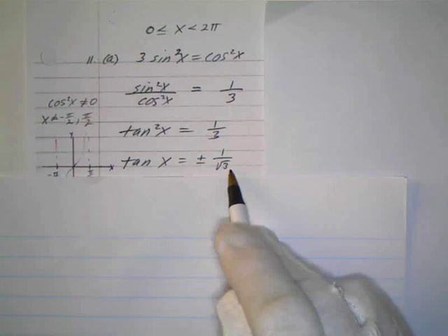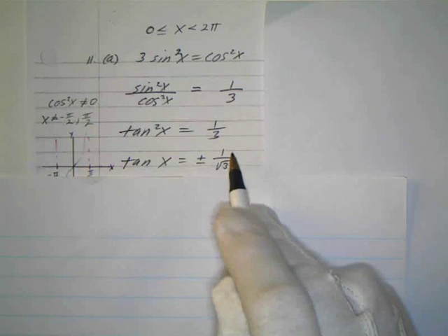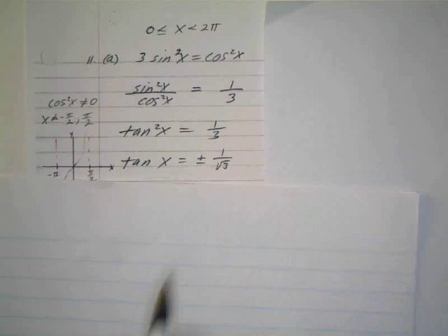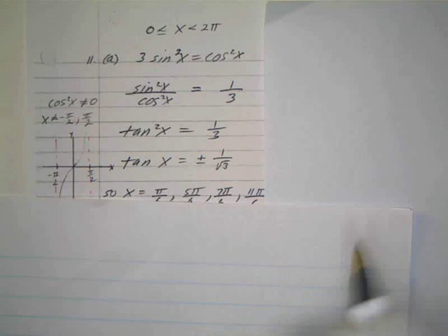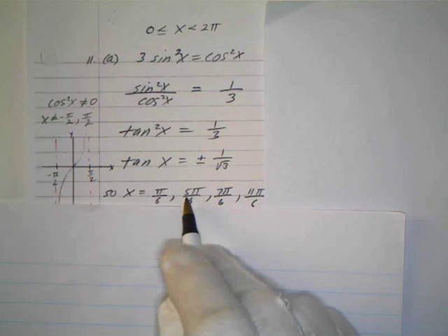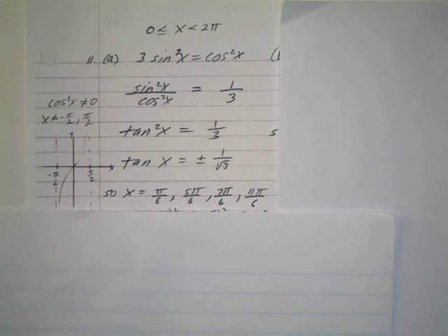Now we have plus or minus, so when it's plus 1 over the square root of 3, it'd be pi over 6 and, in the third quadrant, 7 pi over 6. And then when it's negative, it would be 5 pi over 6, which is the second quadrant, and the fourth quadrant, which is 11 pi over 6. So those are your 4 solutions between 0 and 2 pi.